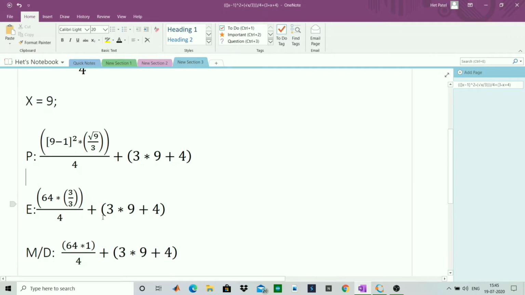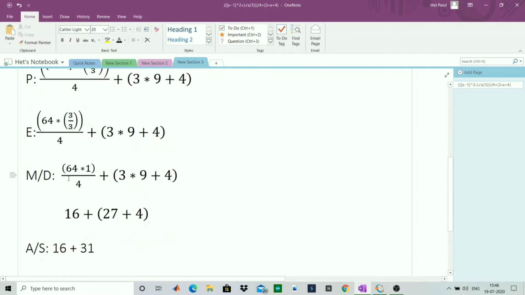Now 64 into 3 by 3 would be solved, because you'd have parentheses again at the outer. 3 by 3 gives 1, and 64 into 1 is the output that Octave would calculate up till the second step.